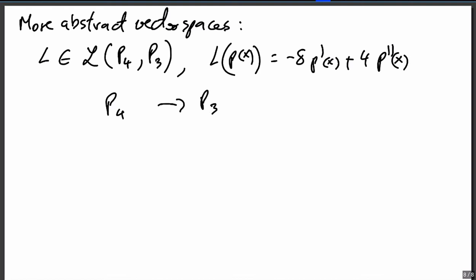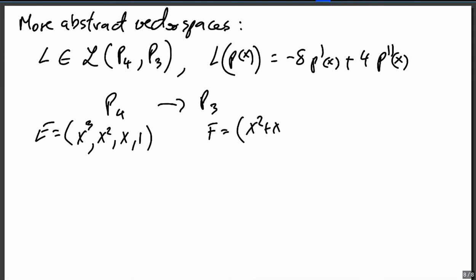First, the basis that we want to use is in P4, the standard basis E that has now order x cubed, x squared, x and 1. And in P3, non-standard basis, again ordered x squared plus x plus 1, x plus 1 and 1.